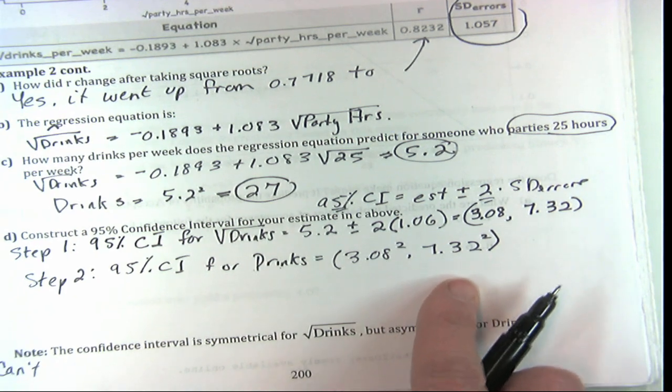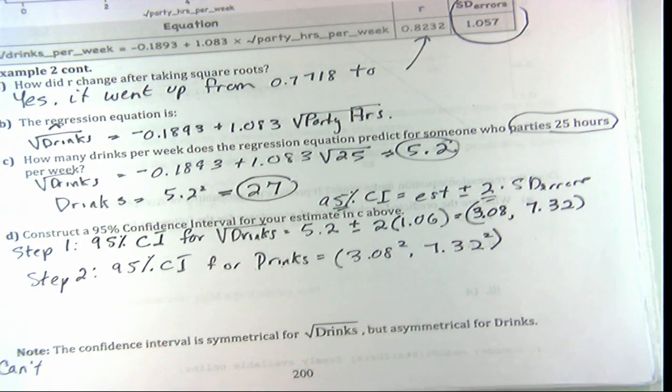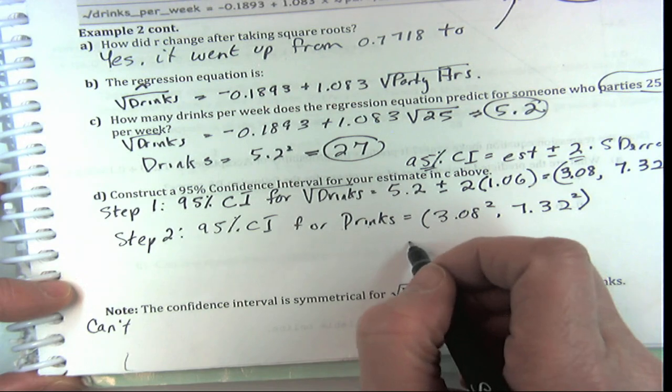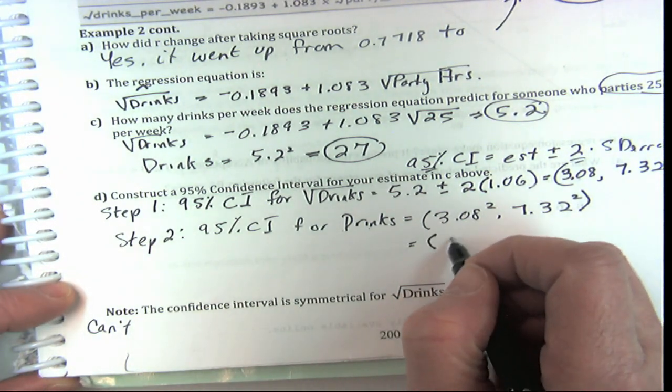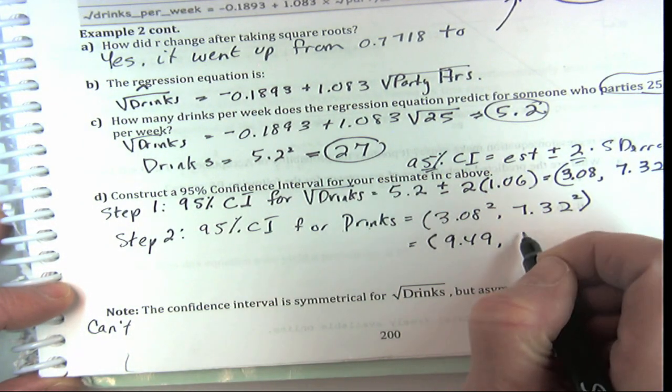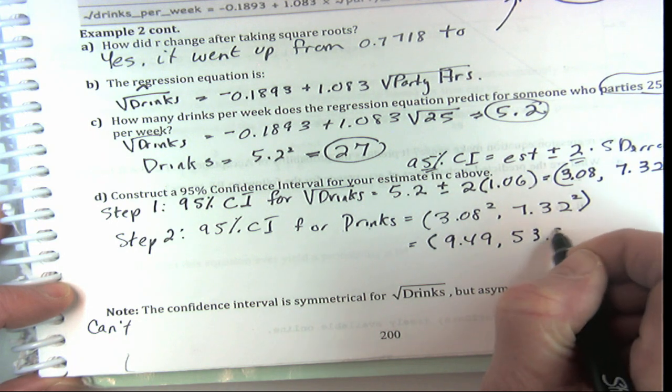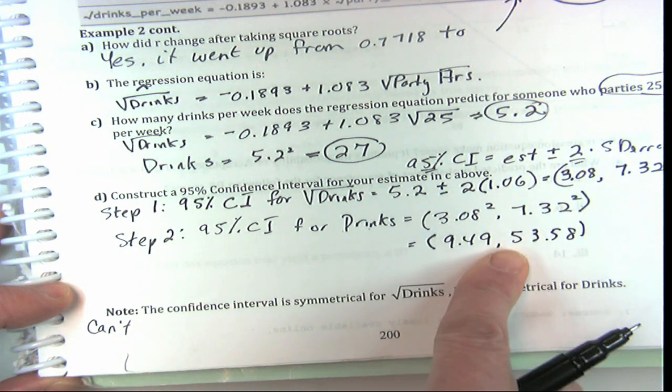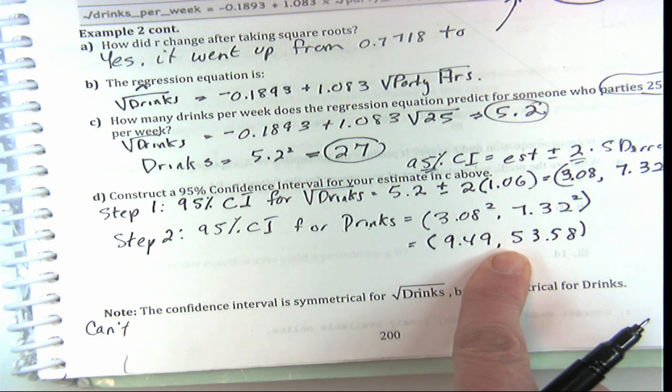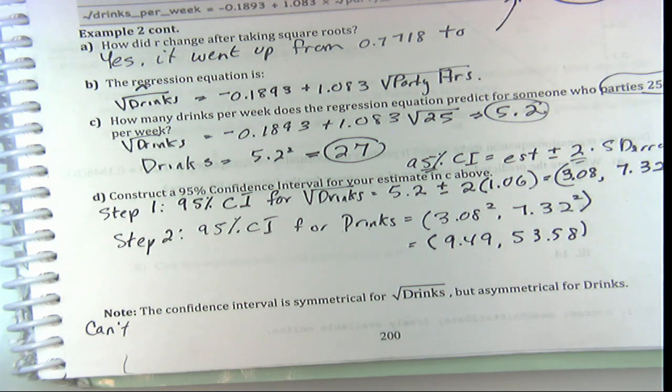Here, why? Let's just write this down here. So this is equal to what, first of all? This is equal to 9.49 to 53.58. And 27 is not the midpoint of this. You can't express this as 27 plus or minus something.